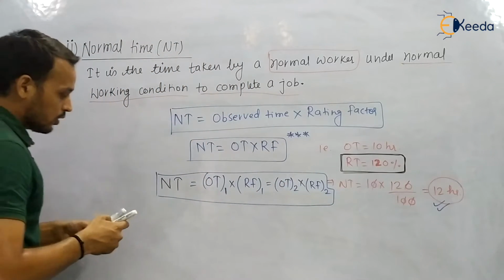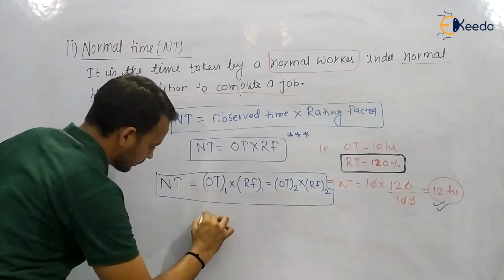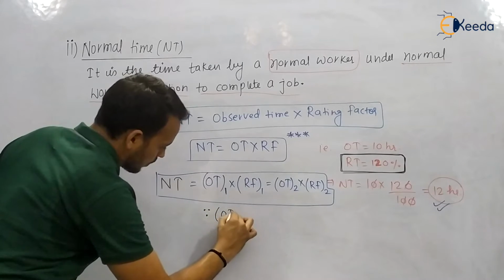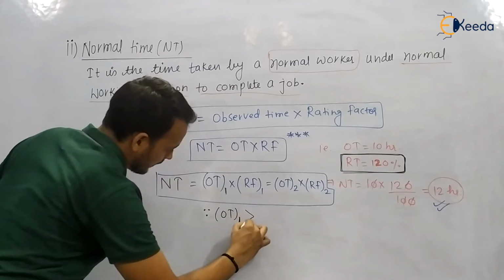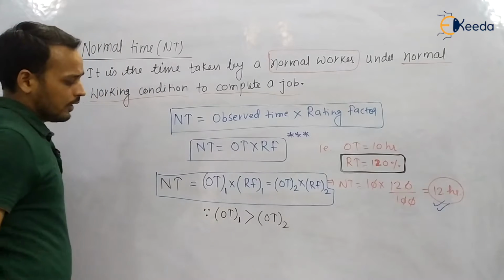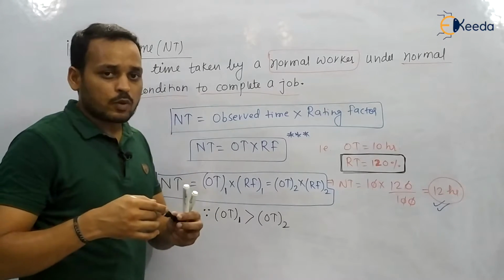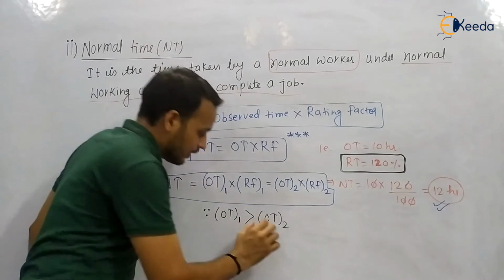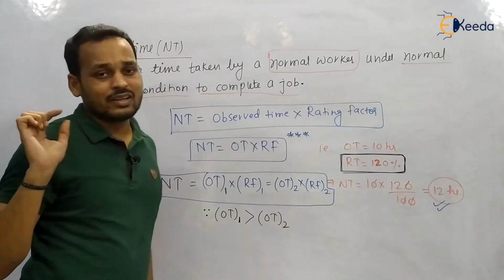Suppose the observed time of the first worker is greater than the observed time of the second worker. It can be there. When the observer is observing with the help of his stopwatch, suppose the first worker is going to take 10 hours and the second is going to take only 9 hours.